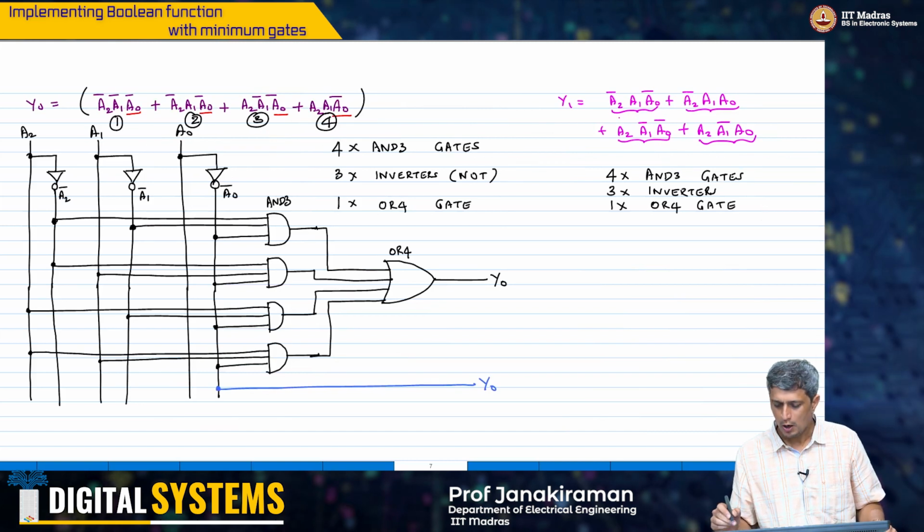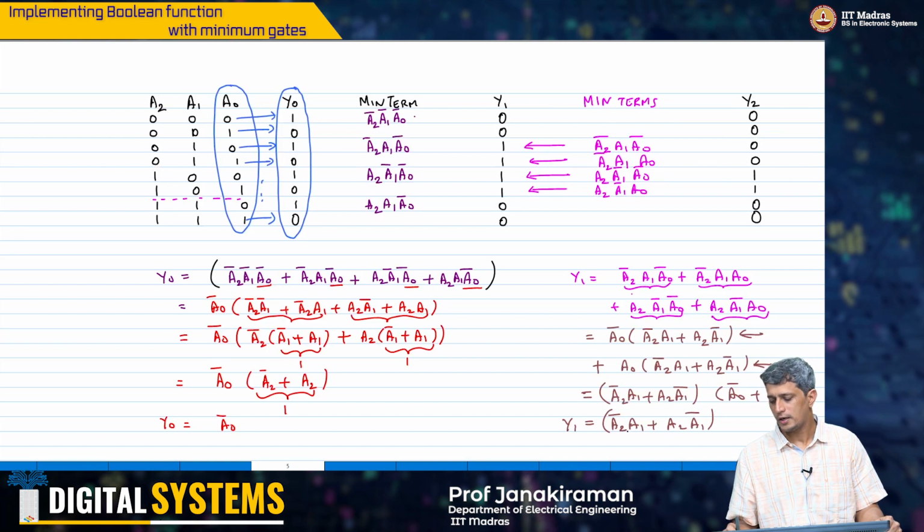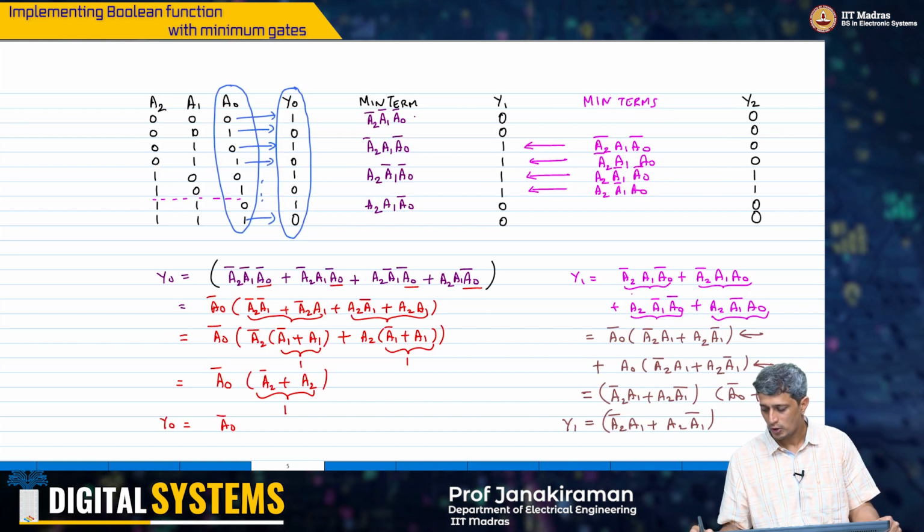Now again we needed 8 gates here, but the actual implementation was simply A1 into A2 bar plus A2 into A1 bar.